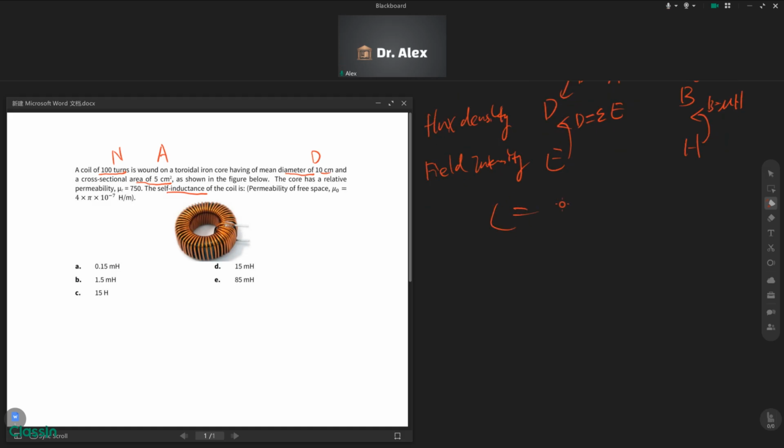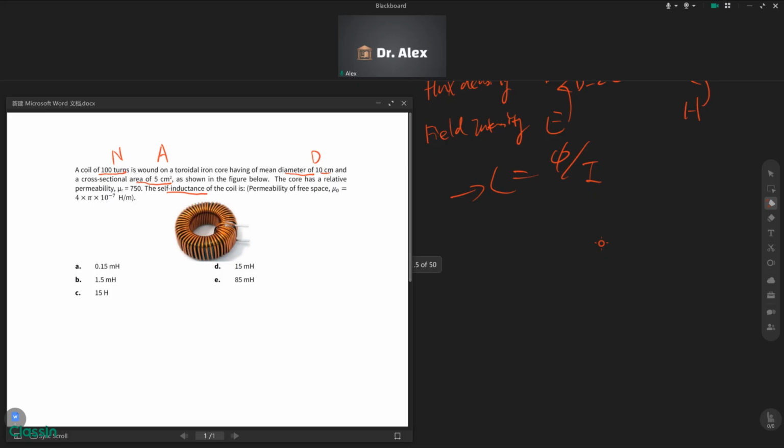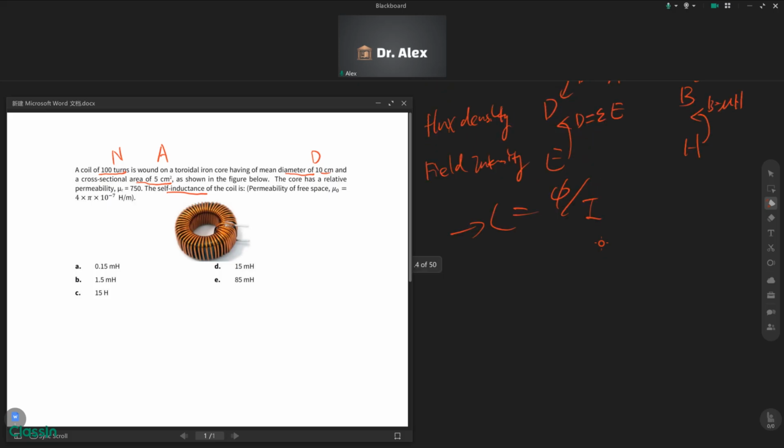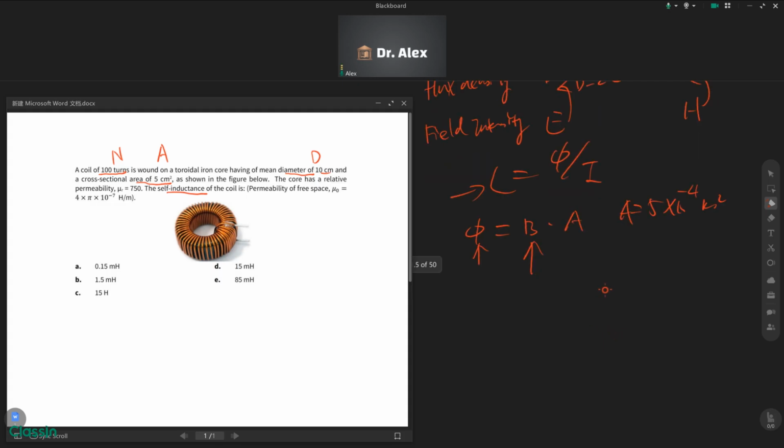And now we know if we get the value of phi and I, we can get the value of L. We don't know either of them, but we know from the table phi equals B times A. We know the value of A. A equals 5 times 10 to the power of minus 4 square meters. If we get the value of B, we will get the value of phi.